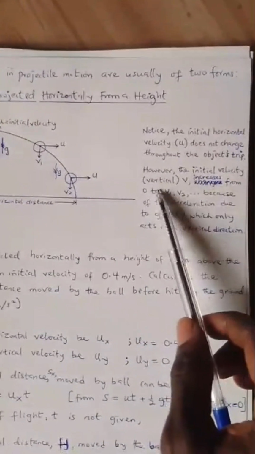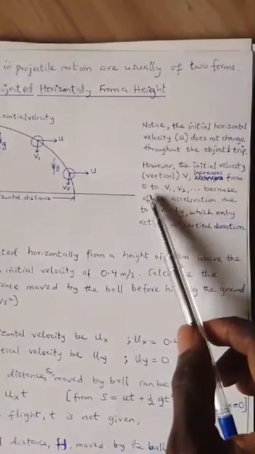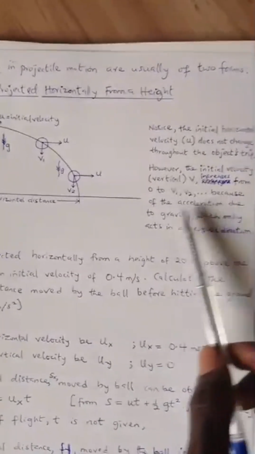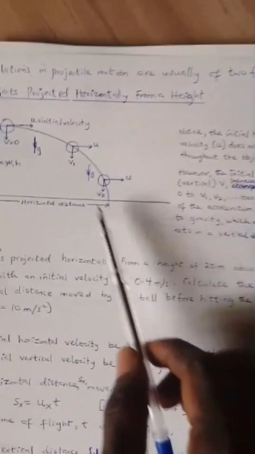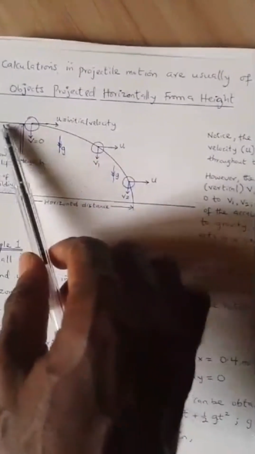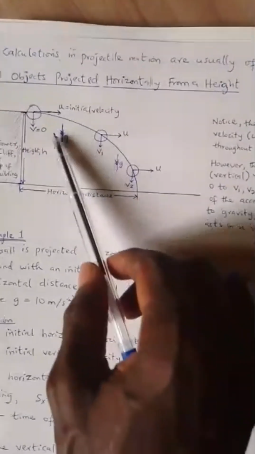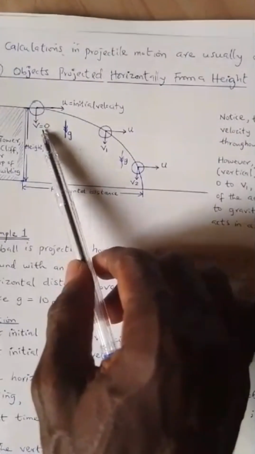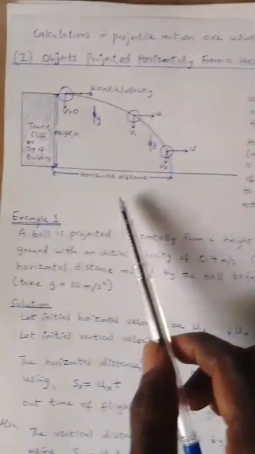However, the vertical velocity v increases from 0 to v1 to v2. Why is this? Because of the acceleration due to gravity, which only acts in the vertical direction. So there's a vertical component due to gravity, so it accelerates from 0 and begins to increase to v1, to v2.